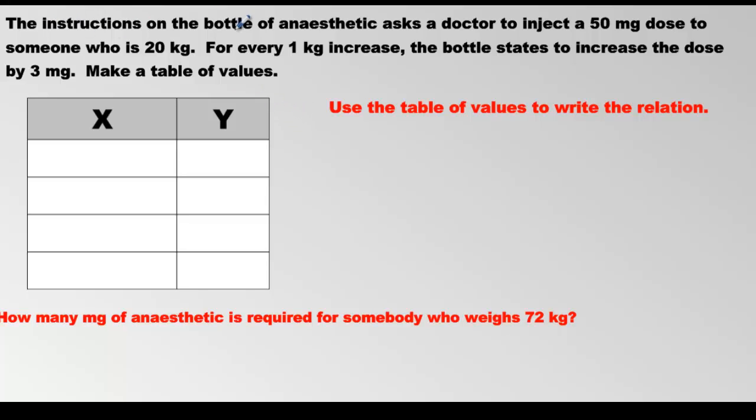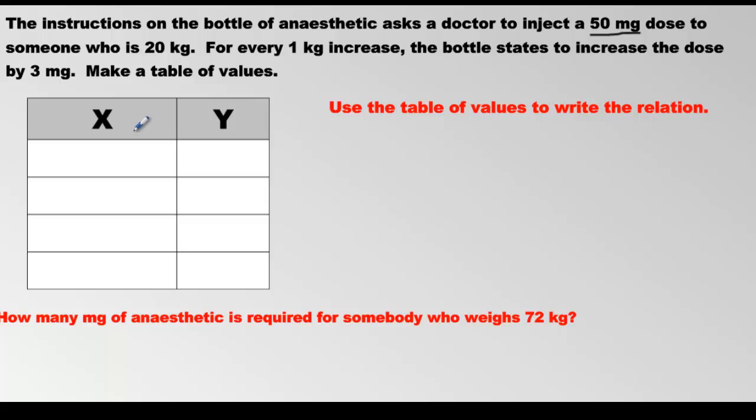As an example, let's say the instructions on the bottle of an anesthetic ask a doctor to inject 50 milligrams to someone who is 20 kilograms. And for every 1 kilogram increase of the person's body weight, the bottle states to increase the dosage by 3 milligrams. Make a table of values.